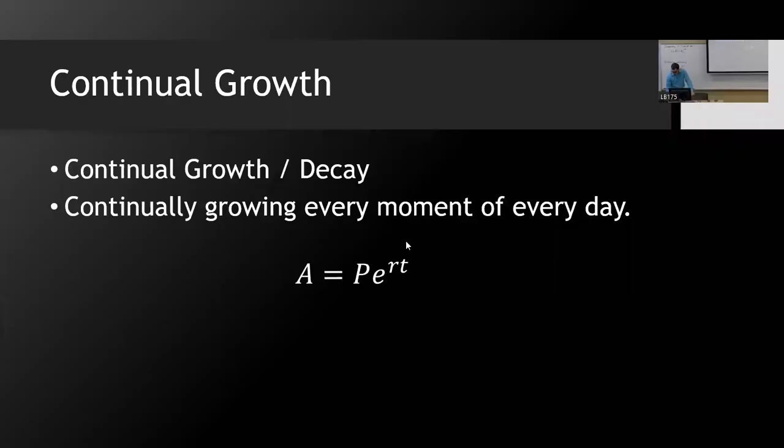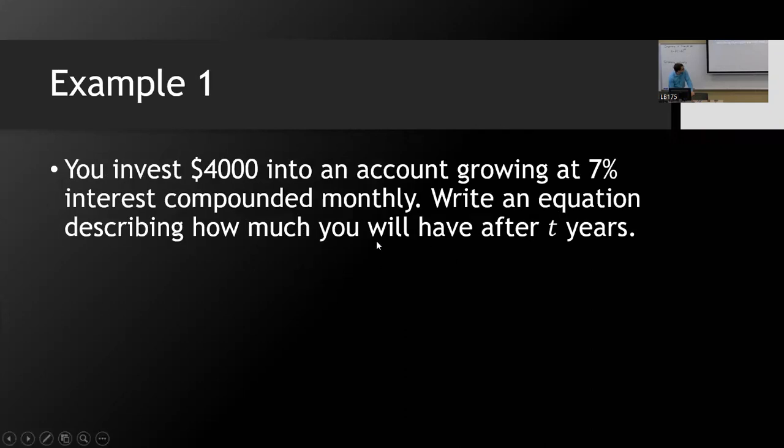So let's do a couple of examples. All right. Example 1 says, we invest $4,000 into an account growing at 7% interest compounded monthly.